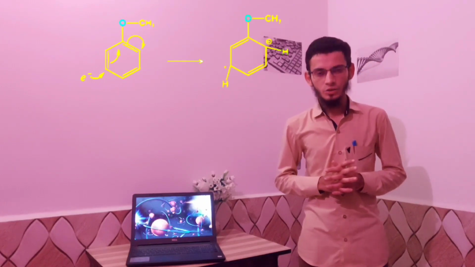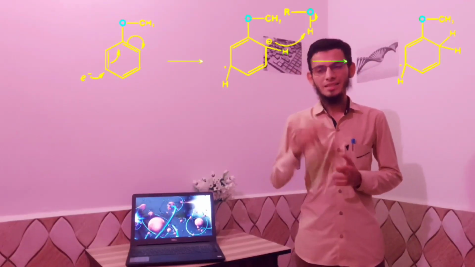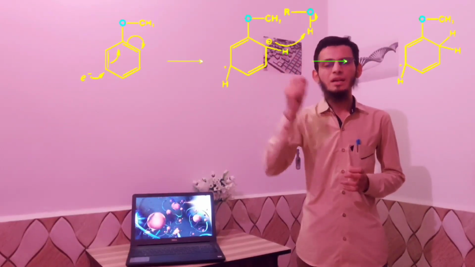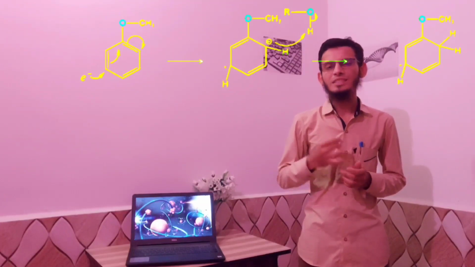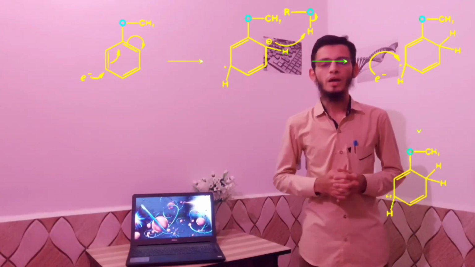So the mechanism is simple. You can see here that the electron will attack on the meta position and you first get the radical anion. This radical anion will accept a proton from the alcohol, resulting in another radical. And this radical, similarly at the meta position, will accept another electron from the solution, resulting in another monoanion.